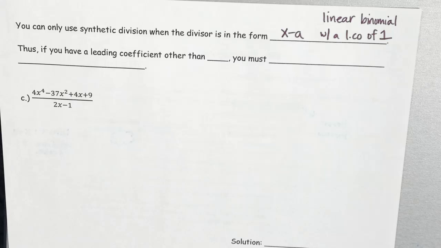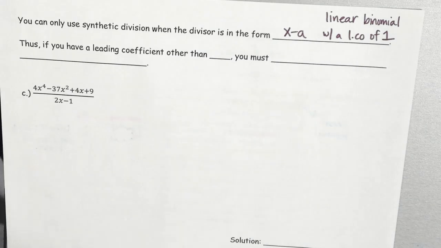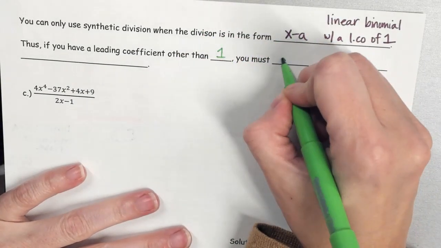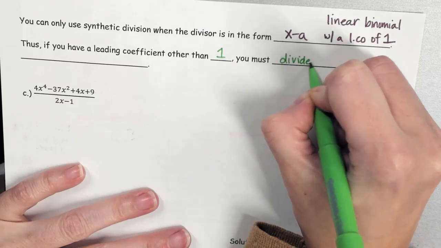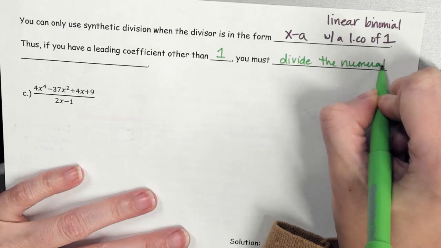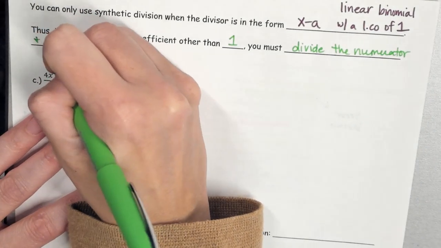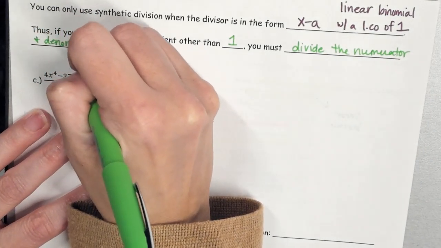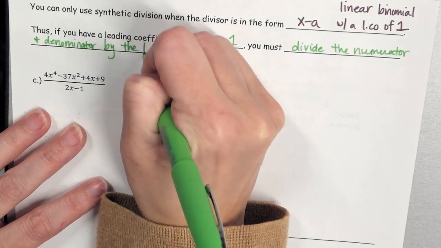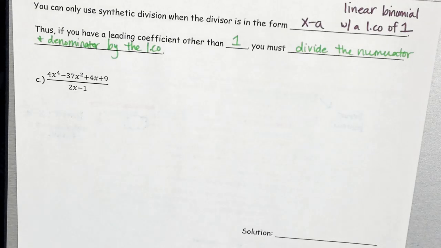Okay, if you have a leading coefficient other than 1, you must divide the numerator and the denominator by the leading coefficient.